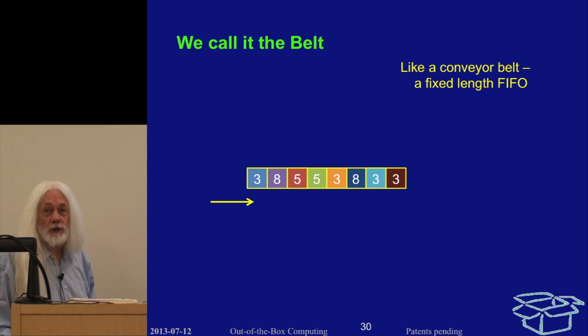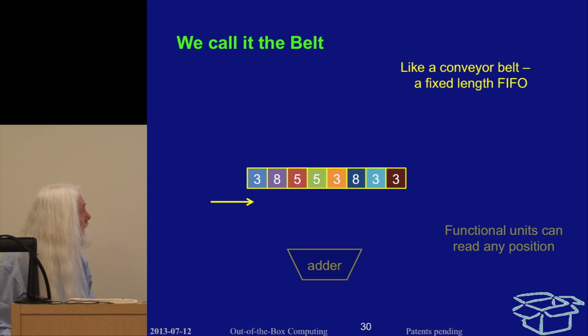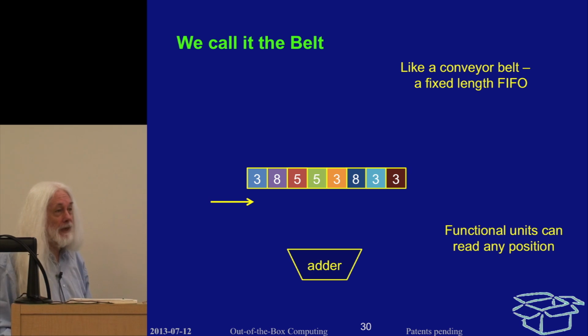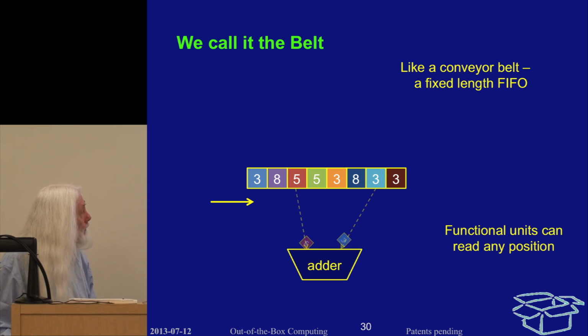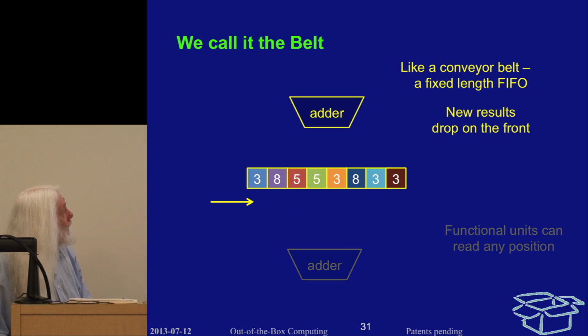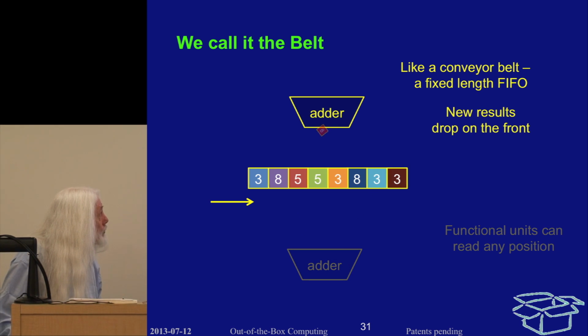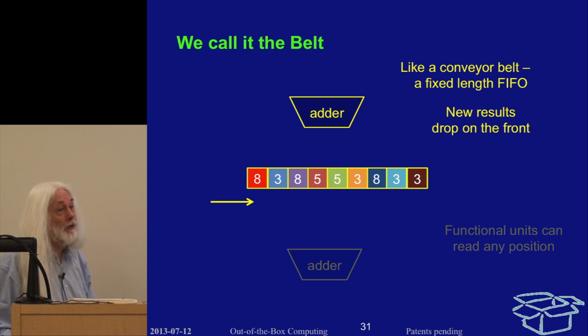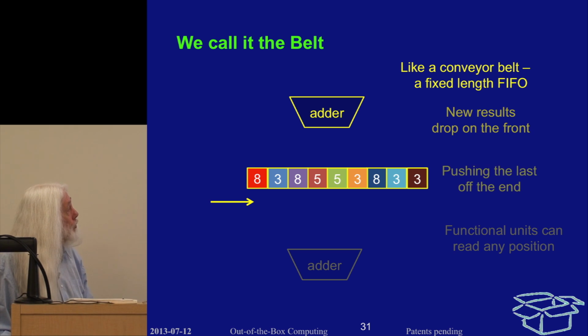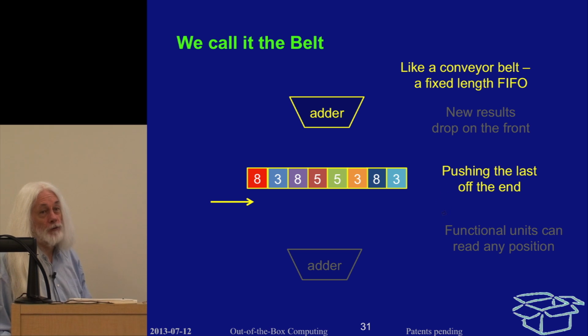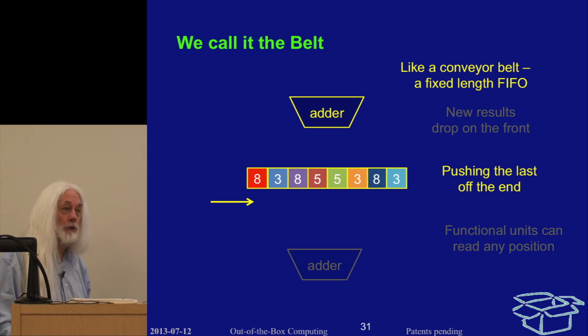But it's a fixed length FIFO. Functional units can read any position. Pop in goes the add. Results drop on the front, pushing the belt along with the last values falling off the back. This is your programmer's model. This is what you're programming to. There are no general registers.